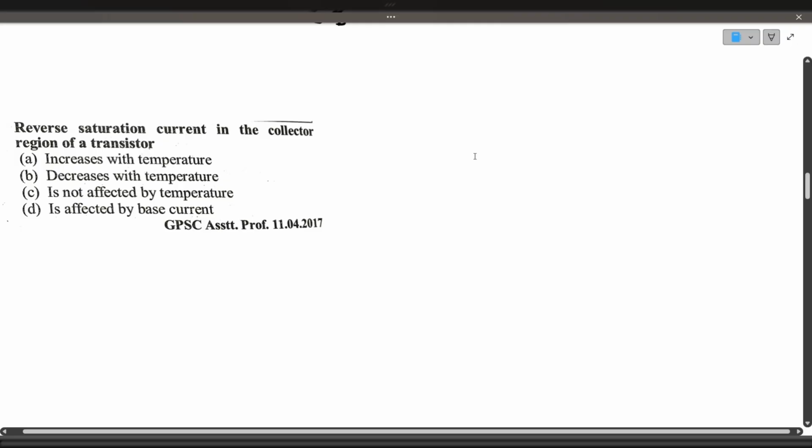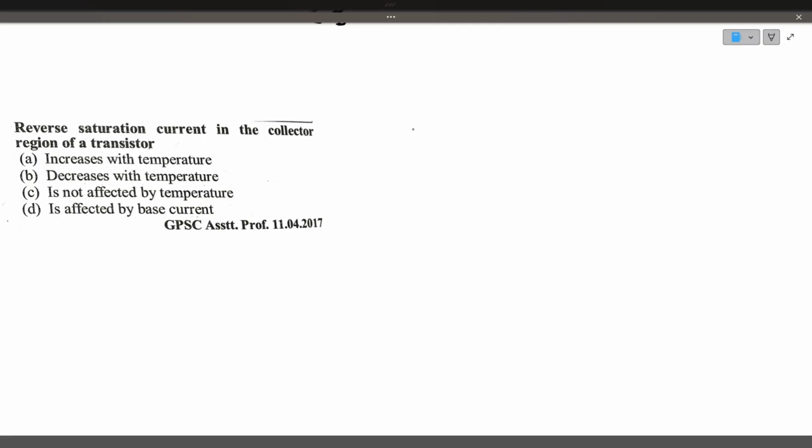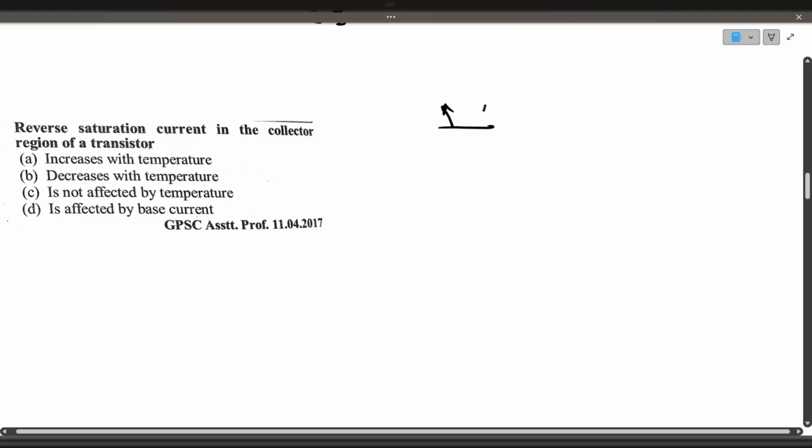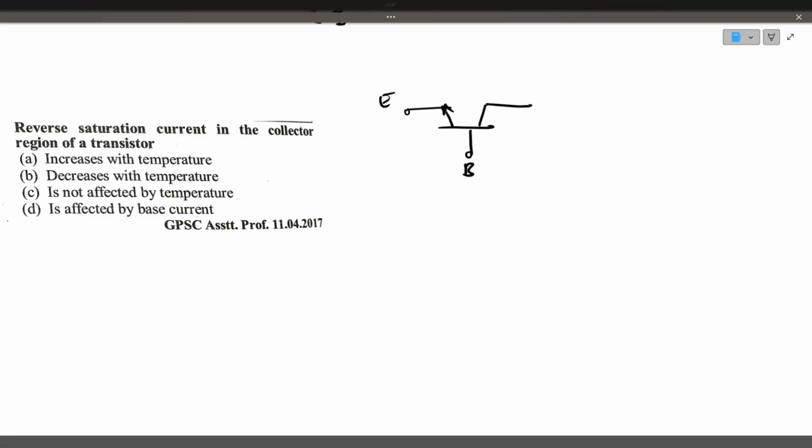The reverse saturation current in the collector region of the transistor. If you take this particular thing, this is emitter, this is base, and this is collector. The reverse saturation current is flowing in this direction because this junction is reverse biased. The output junction is reverse biased, input junction is forward biased. So if you observe the reverse saturation current, this is nothing but a diode junction.